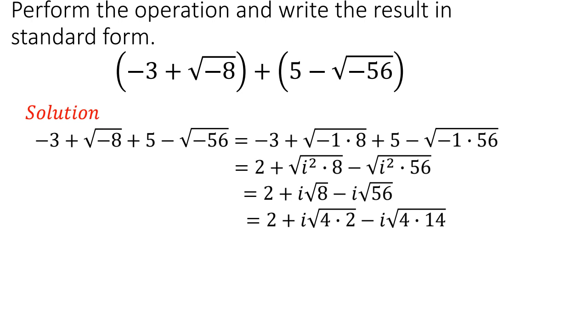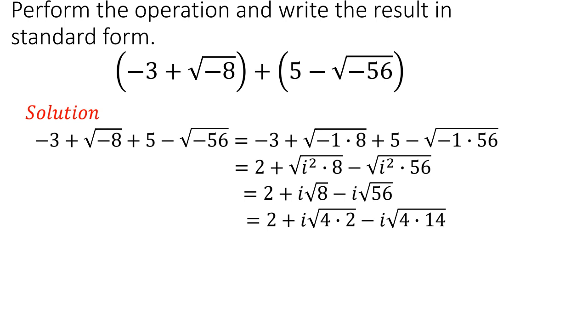Okay, so I can simplify the 8 by doing 4 times 2. And I can simplify the 56 with the 4 times 14. Okay, so I wanted to do this because I know that the square root of 4 is 2. That would come out, leaving me with inside just the square root of 2. Again, square root of 4 is 2, and will leave me with the square root of 14 inside.